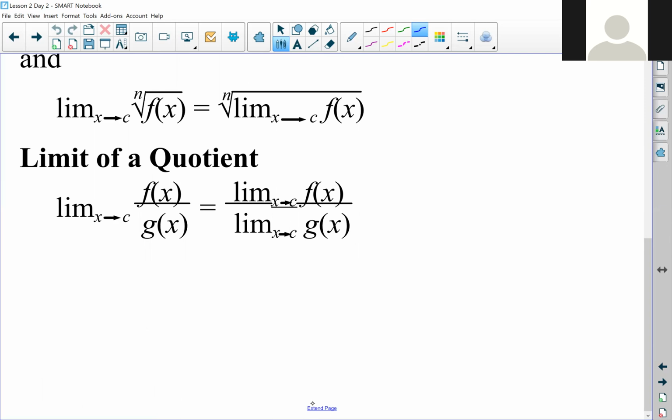So you can look at the parts as opposed to just the whole. And like I said, this limit of a quotient is one that becomes interesting, and we'll take a look at a case where it's very interesting as we look through some examples.